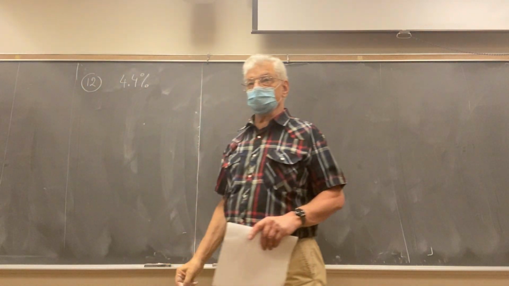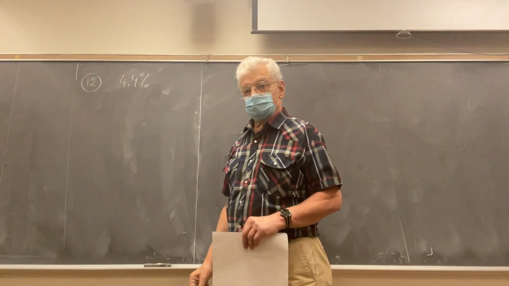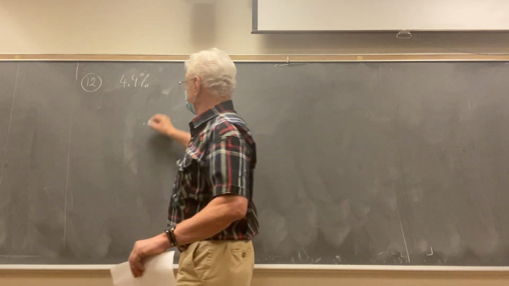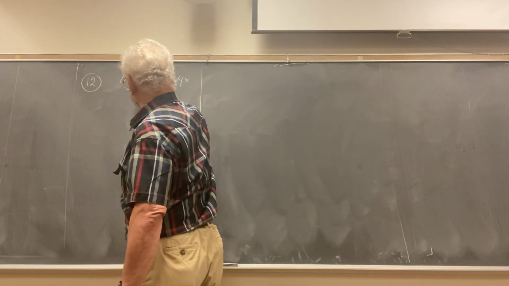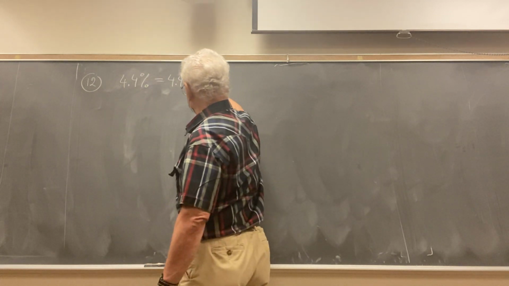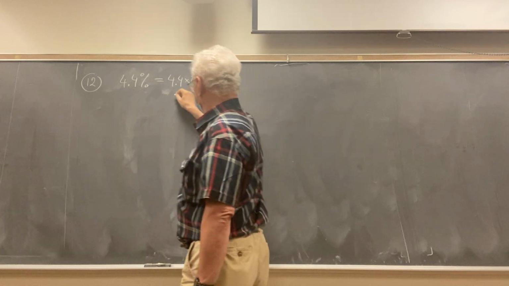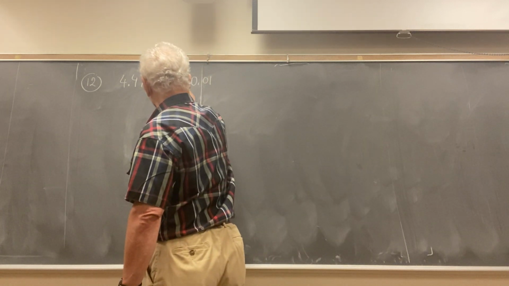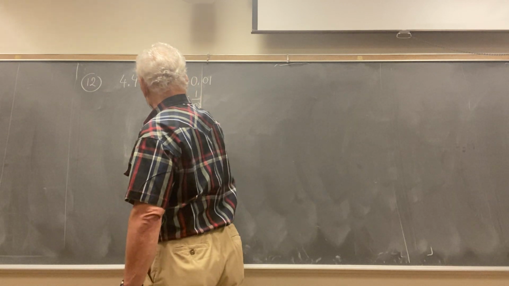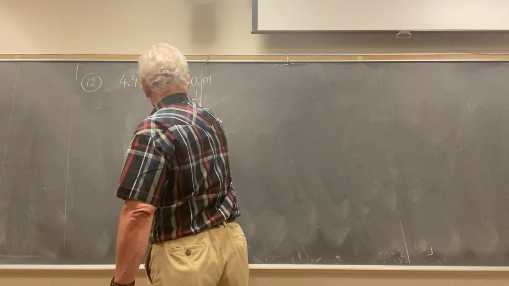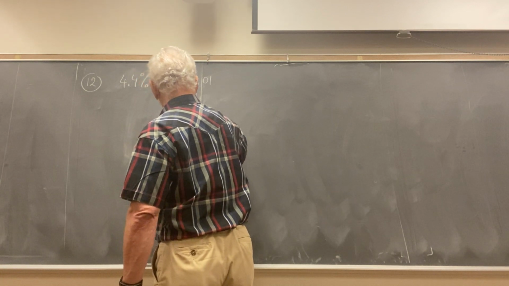Now you have to write this as a number. This is the same as writing 4.4 times, and instead of percent, you write 0.01, or 100th. This is the same as 4.4 times 100th, or 4.4 divided by 100, which is the same.